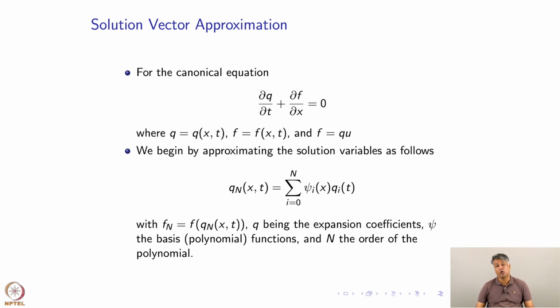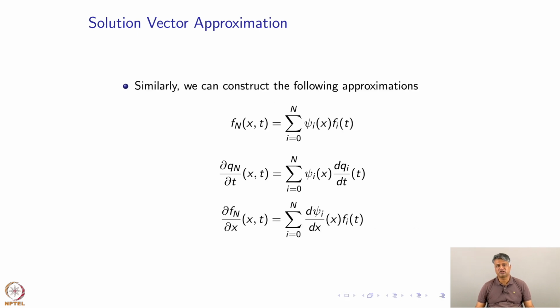N here is the order of the polynomial. So the higher the order of the polynomial, the more terms we have in our expansion and in our approximation. So we can construct different sorts of approximations. The mathematics of this is too detailed, but I will just give you a broad overview of it.